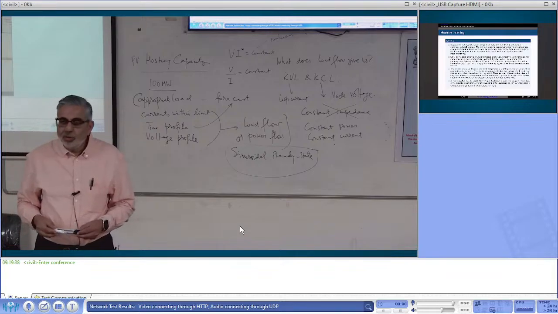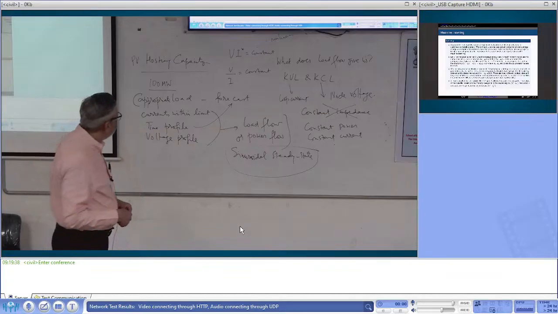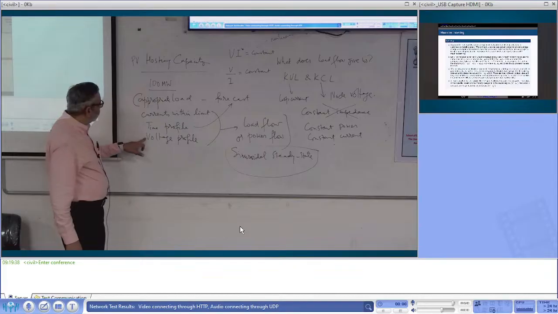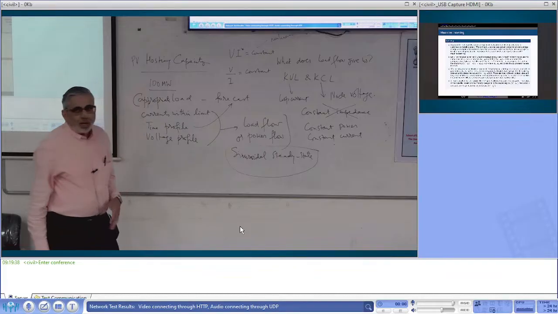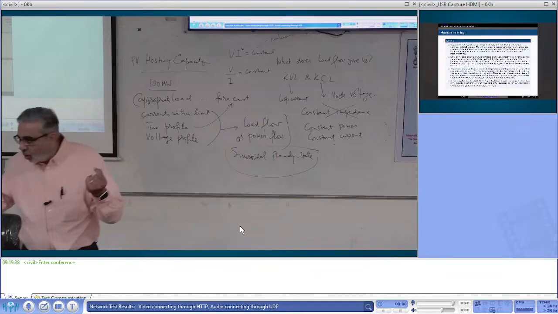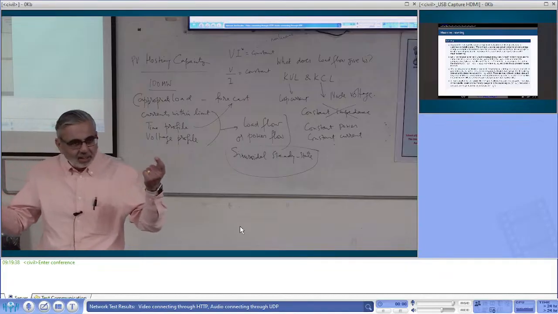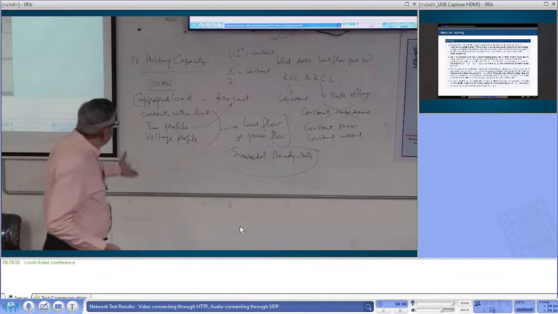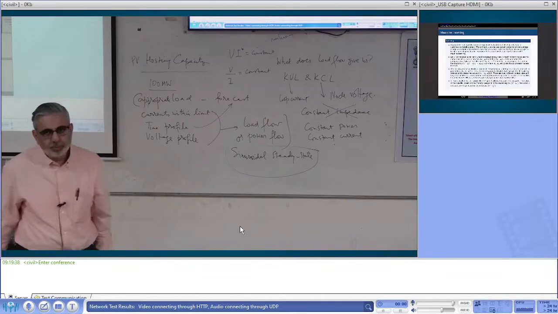Now, what has it got to do with hosting capacity? So when we say 100 megawatt is all right, we have to make sure of the voltage profile and currents. So once you know the node voltages, currents are like that, right? Node voltage divided by impedance is the current. So once you know the node voltages, current is just given to you.